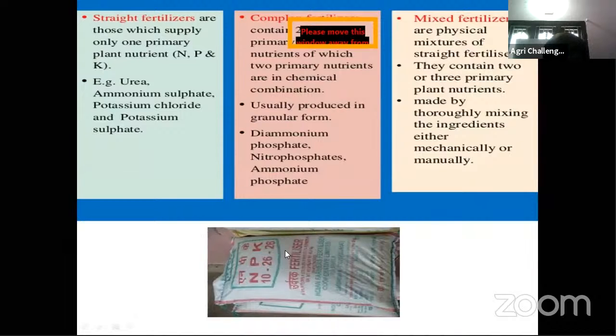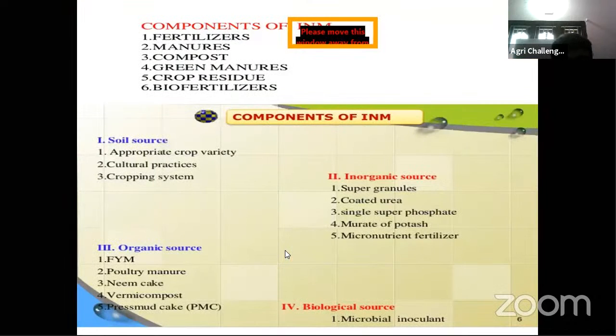What it indicates exactly. Then components of INM, integrated nutrient management. We already discussed fertilizers, manures, compost, green manures, crop residues, and biofertilizers. These are all components to maintain your soil health, to consider sustainability, and to improve crop production and productivity.